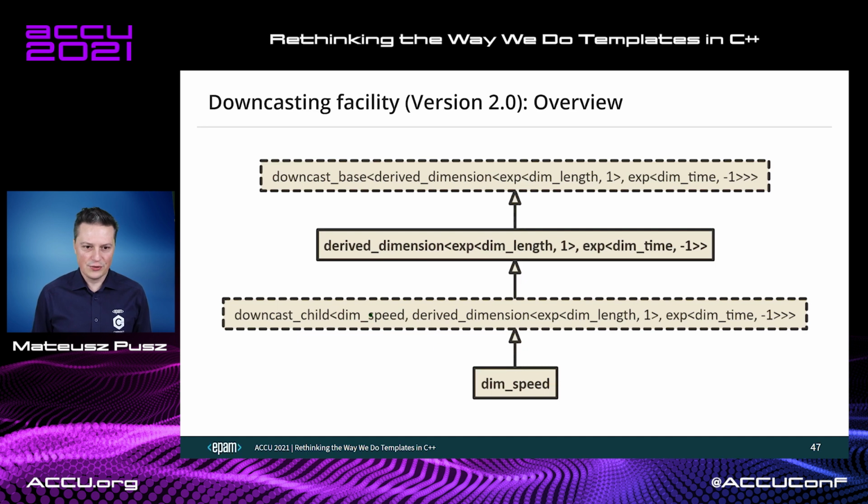It provides its own type as the first argument here, and the type from which we should derive this type. So this type derives from this one, right? This is the type to derive from provided as the second argument. With such an inheritance tree, I can provide the facility that works as I showed you before.